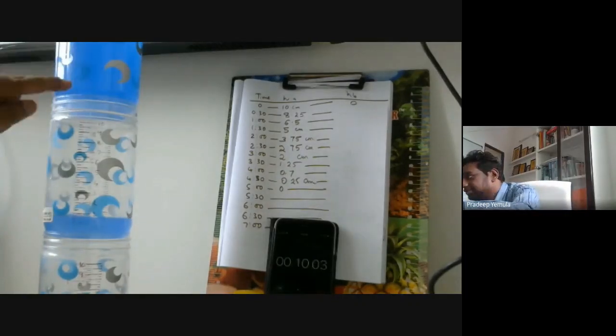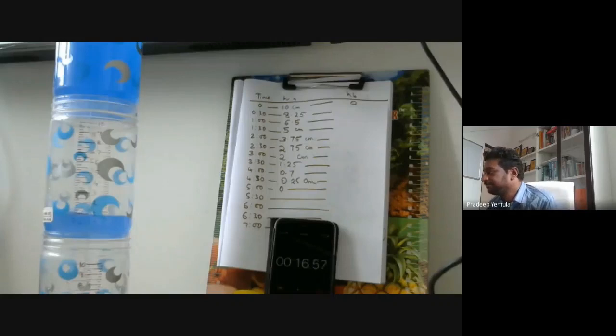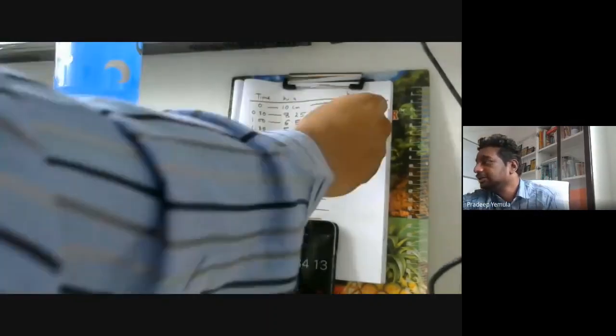So here we are more interested now to look at the reading in the second one. We can physically see more water comes from the top and less water goes down. So the height is kind of increasing. So let's wait until 30 seconds. Now 28, 29, 30 seconds. So the height is 1.5.